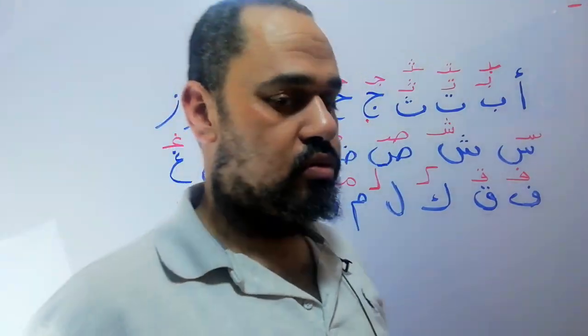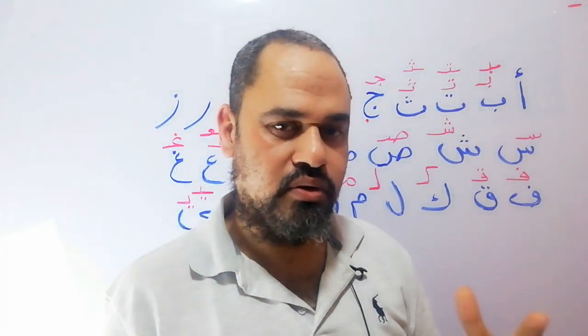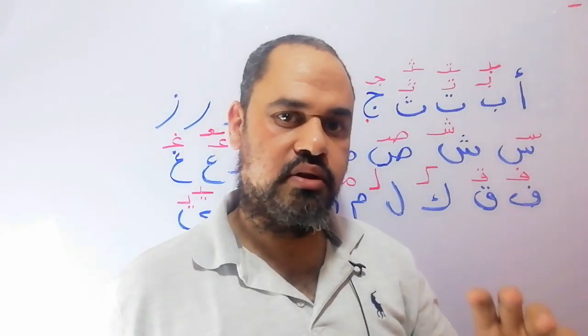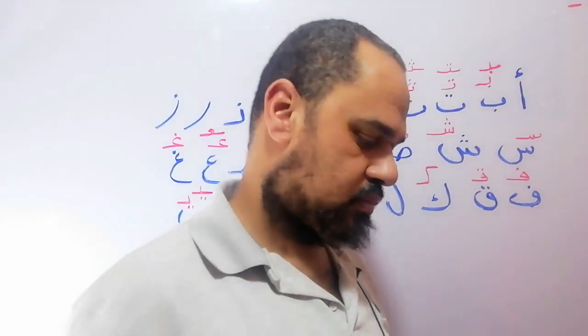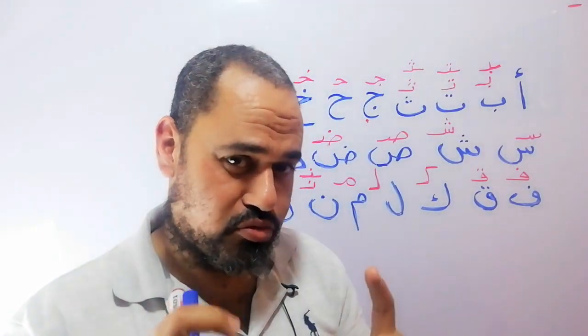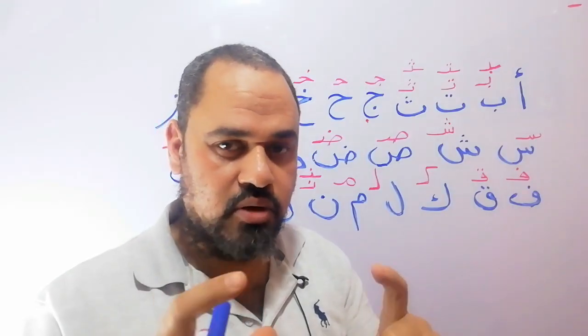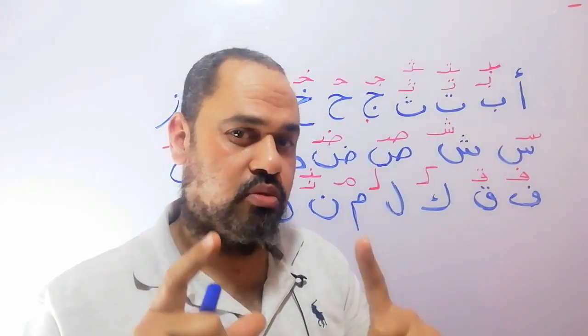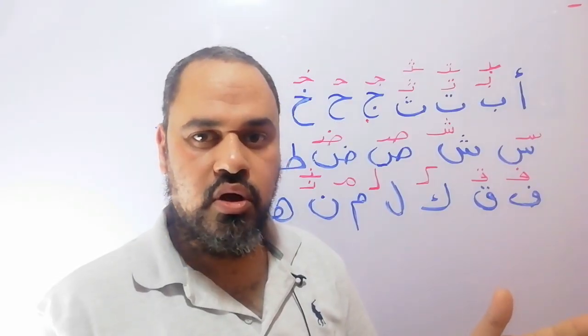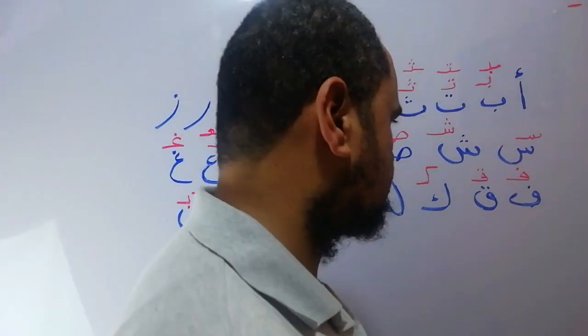Don't pay too much attention to how we connect the letters together, because we will make a table in an independent video later. Now I need you to focus with me on the shape of the letter. Just know the shape of the letter, and after that we will illustrate how to connect between them.